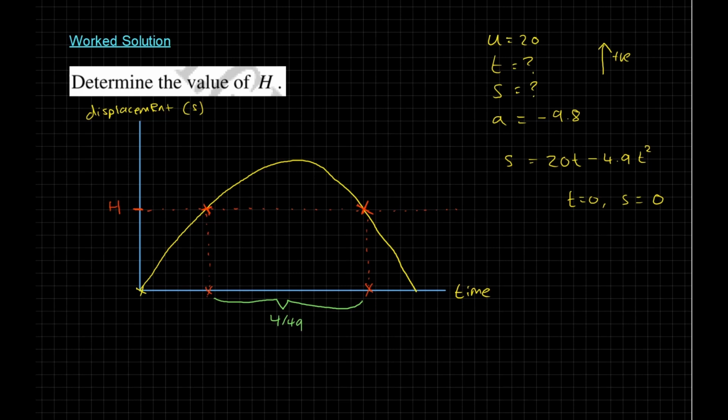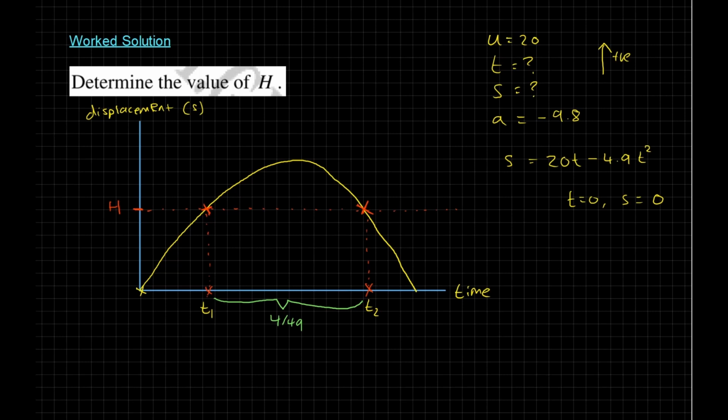So how are we going to find this h? This is the way I would do it. Let's give a name to these mystery values on the time axis. Let's call this T1 and this T2. T1 is the first time the object reaches the height h, and T2 is the second time that it reaches the height h, on its way down.